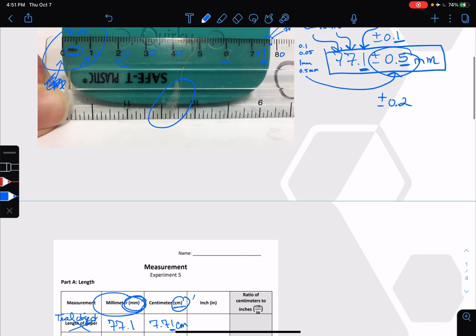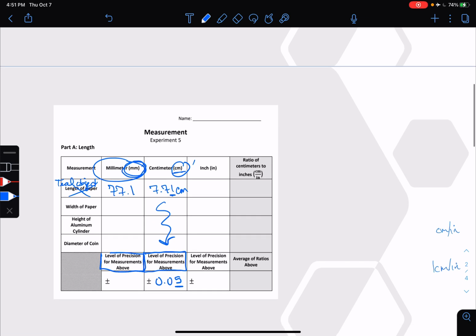So if you feel like you can't see it very well, just say halfway in between my smallest increments. And your smallest increments for the millimeters were 1 millimeter. So what you have is halfway in between, which is half a millimeter. Okay. And then we go ahead and we move on to the imperial side.